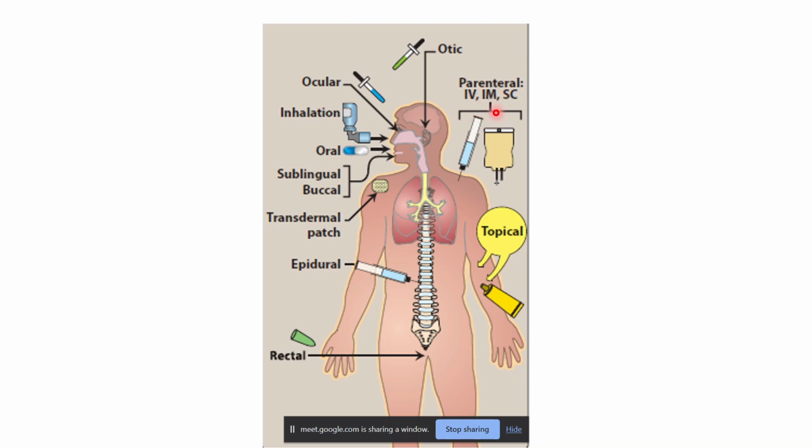Then intramuscular is usually done at the place where a large muscle is located, and it is used very commonly. It's the most common parenteral way of administration, usually used in hospitals for the treatment of patients.